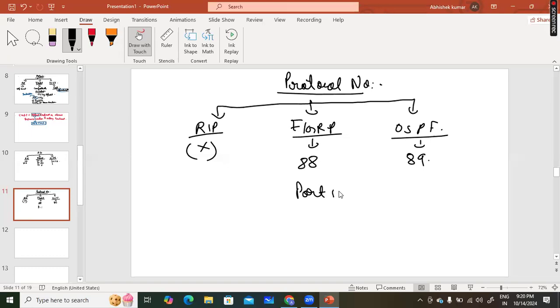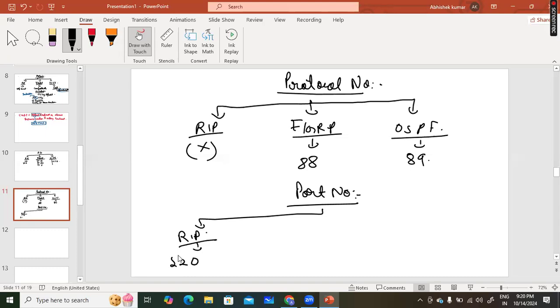When we talk about port numbers, what is the port number for RIP? 520.